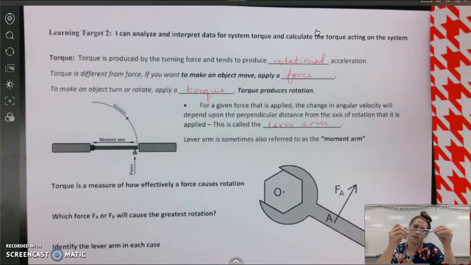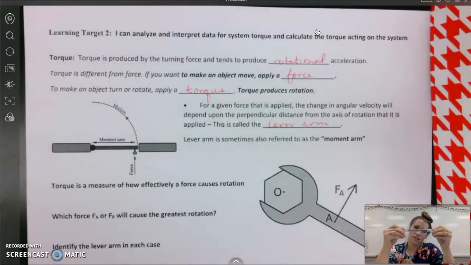But what if I just change the direction of that force? Instead of the force being parallel, why don't I push it perpendicular to the object? When I do that, it all of a sudden becomes really easy to move. It's easy for that rotation to occur.